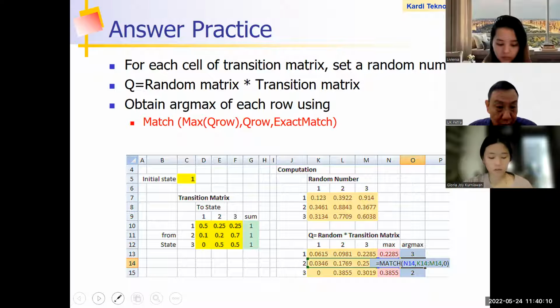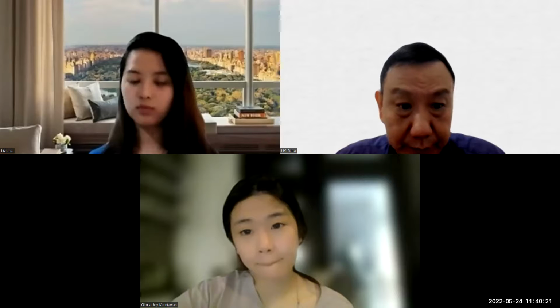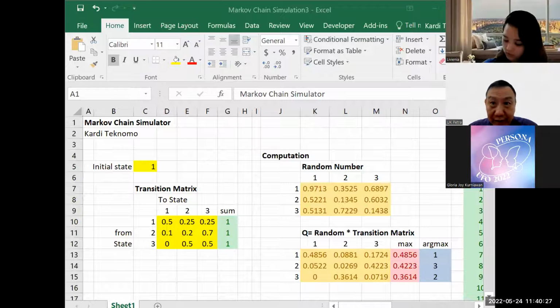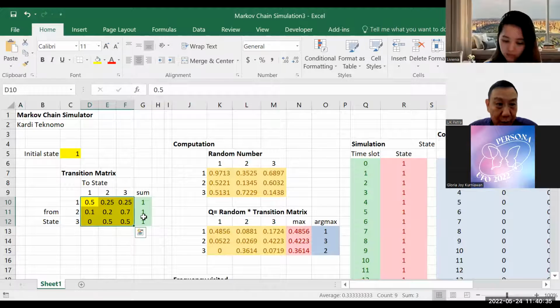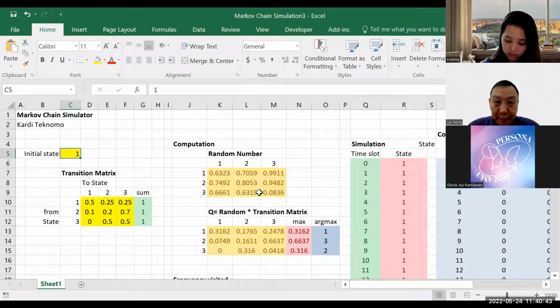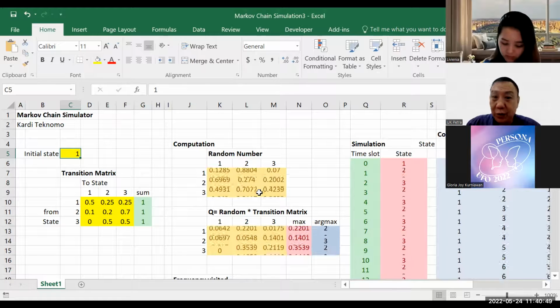So I will show you the simulation in Excel. Can you see the Excel? This is the transition matrix that we can input, and then I have an initial state here. Then I just create a random number; every time you press F9, it will generate a new one.